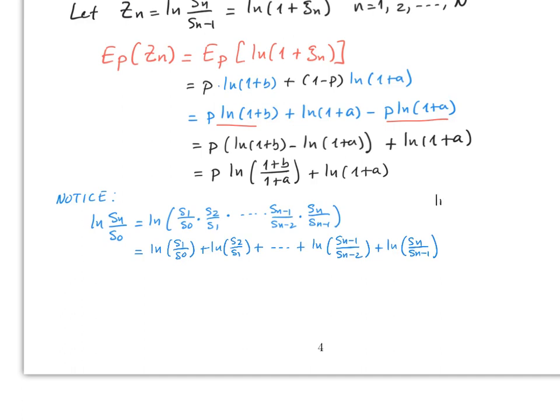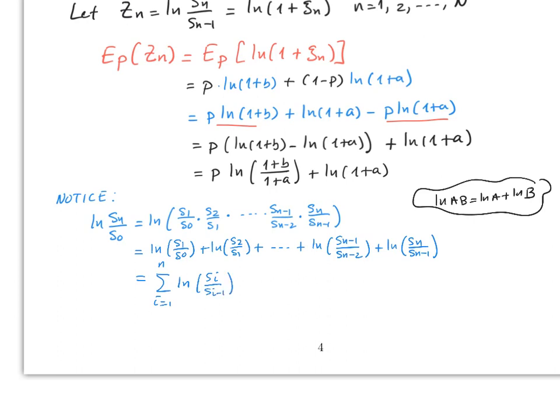Remember that the ln of a times b is the same thing as ln of a plus ln of b. Therefore, you can rewrite this as the sum from i equals 1 to n of ln of S_i over S_{i-1}, which is actually equal to the sum from i equals 1 to n of Z_i.